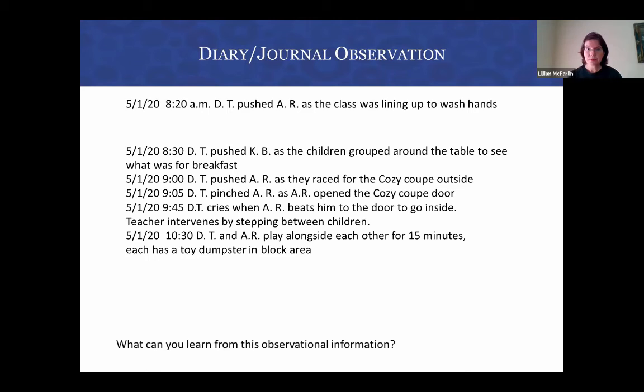But if you see what happens over a period of time and the scenarios surrounding it, a lot of this can be mediated by the teacher. That cozy coop thing, definitely fixable by the teacher. The lining up to wash hands, definitely fixable by the teacher. So maybe it's not an issue with DT, maybe it's an issue with how the classroom's being run and how that child can be supported.